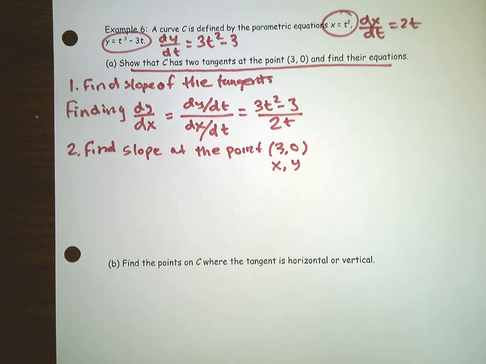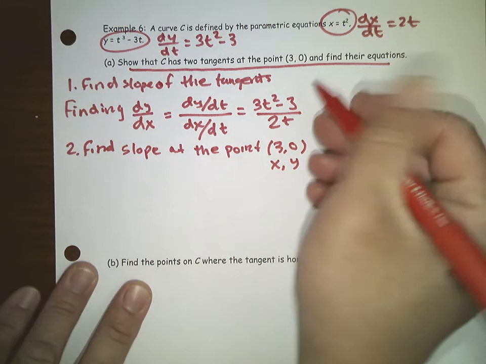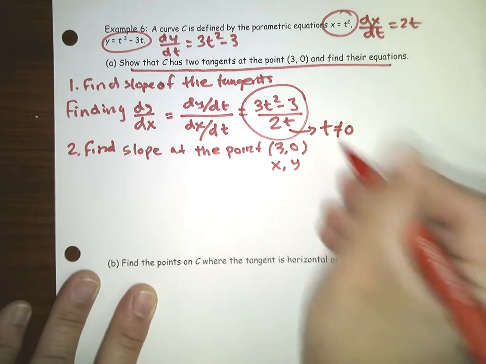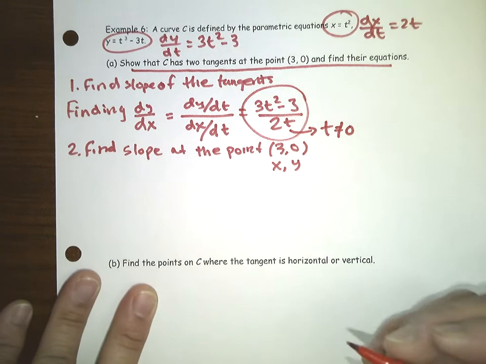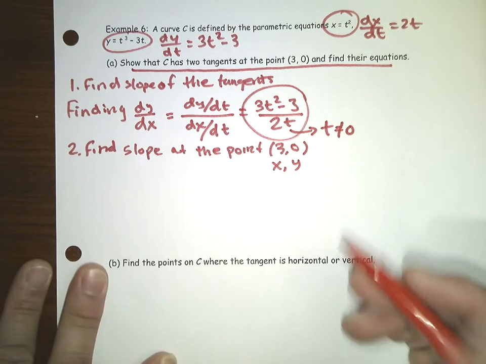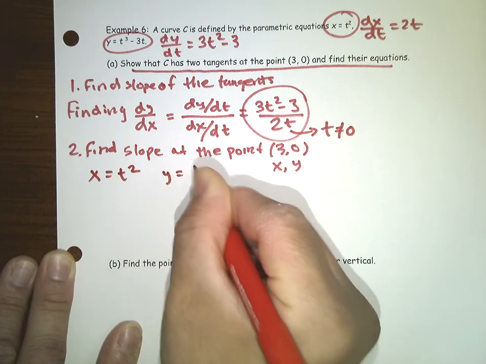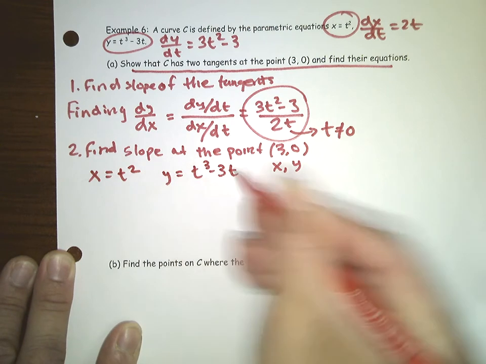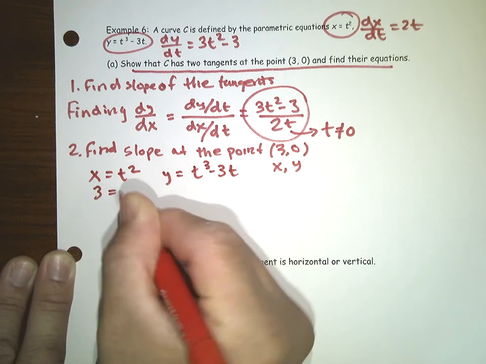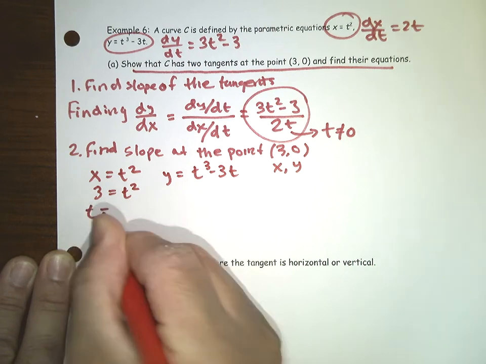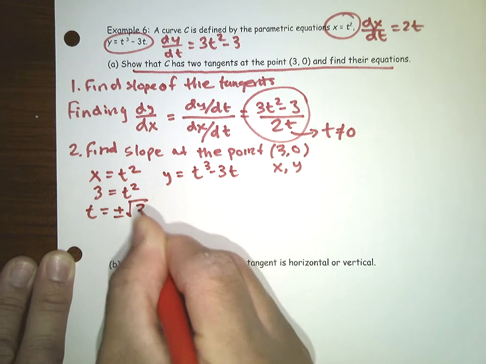We only know what x and y are, so we need to figure out what t is. One thing we know is that t cannot be equal to 0, or this slope would be undefined. x was t squared, and y is t cubed minus 3t. So if x is 3, we have 3 equals t squared, so t is equal to plus or minus the square root of 3.